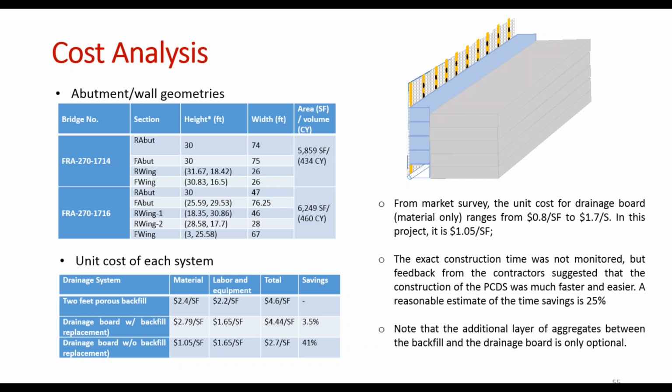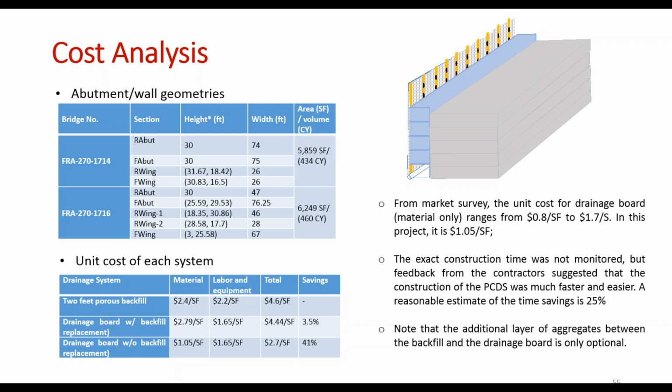Note that here we changed the unit. So previously we defined the unit cost for the porous backfill with per cubic yard because it's a volume. But since the width is actually a finite width, is 2 foot, actually we can convert that into per square foot. So we can compare to the PCDS directly.